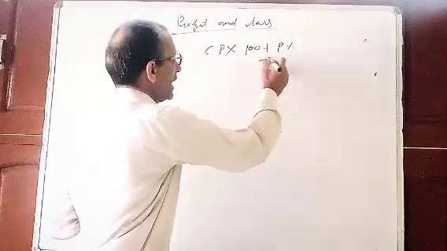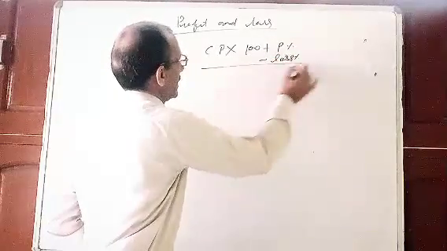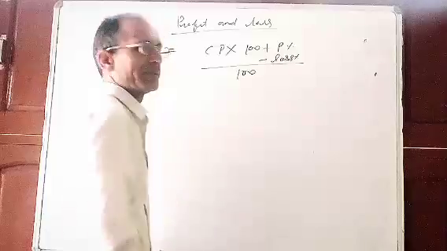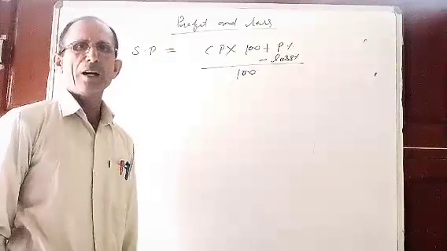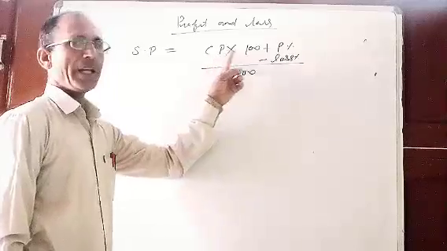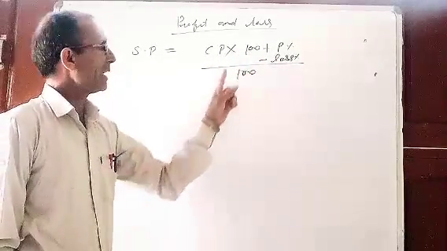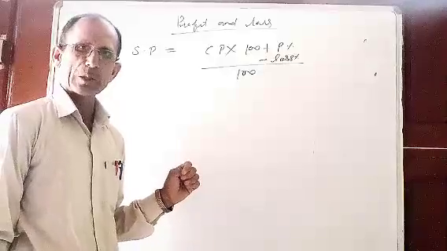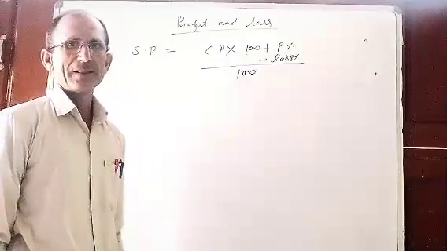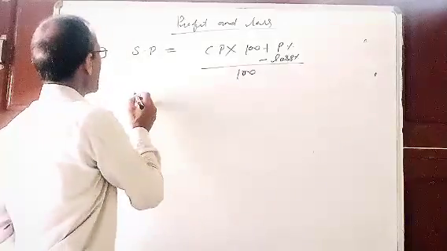If there is loss, then you will subtract the loss percent, upon 100. This is the formula for finding SP: CP multiplied by 100 plus profit percent, and if loss, 100 minus loss percent, upon 100. Any doubt? Okay.